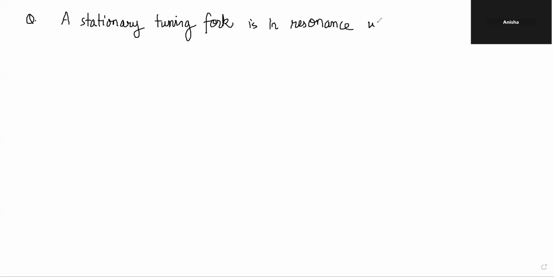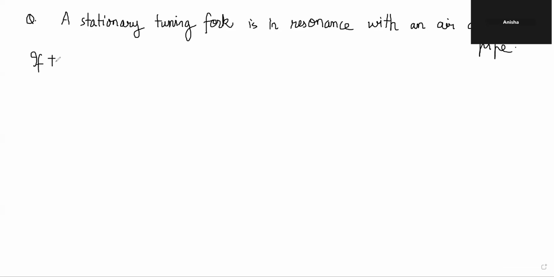Then, okay. So a stationary tuning fork is in resonance with an air column in a pipe.